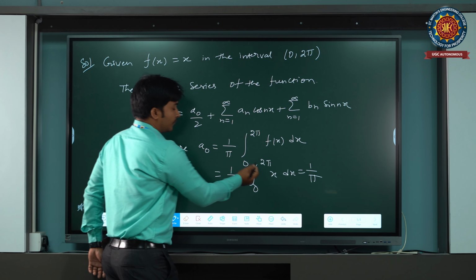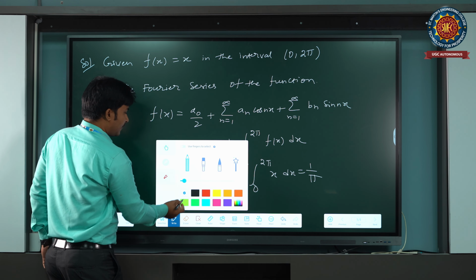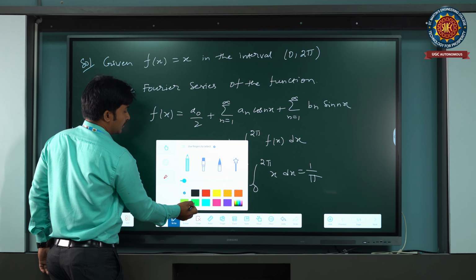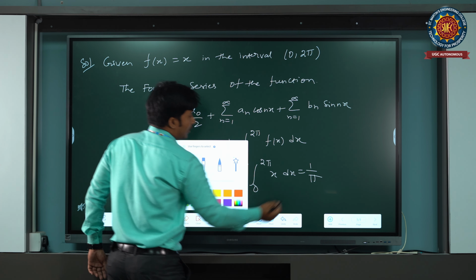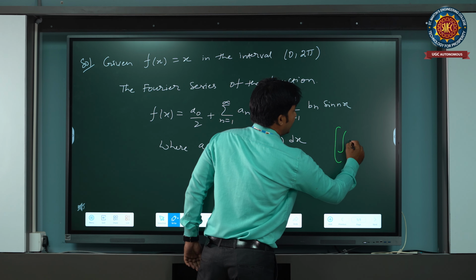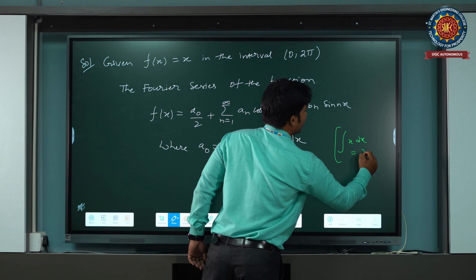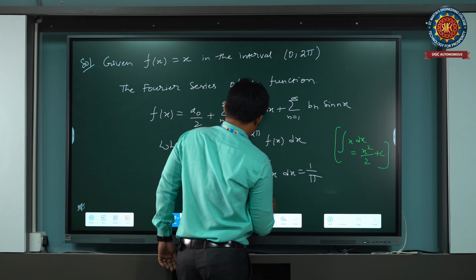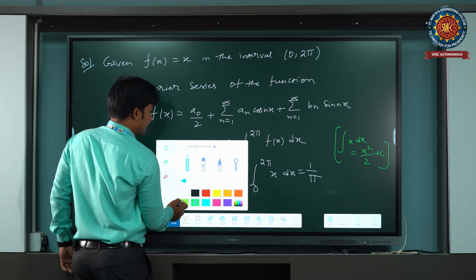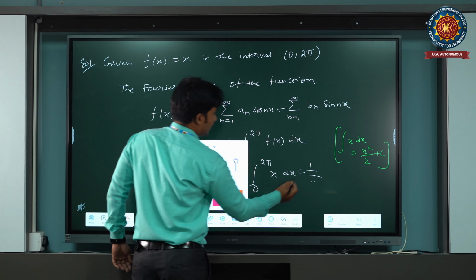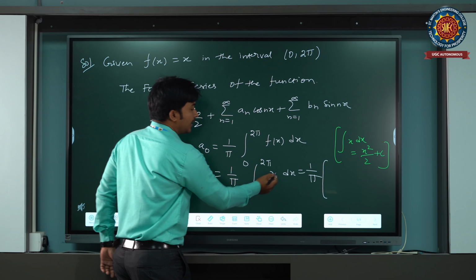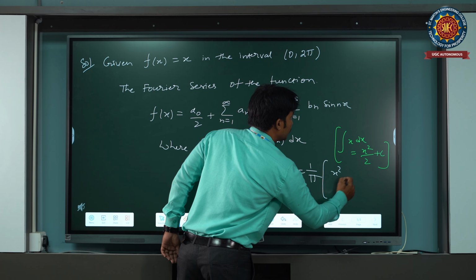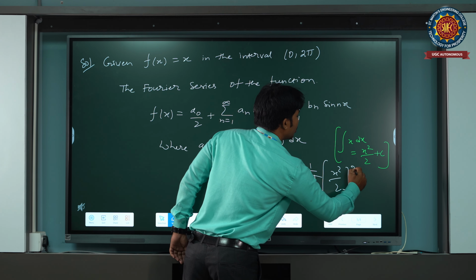The integration of x dx, the formula is x square by 2 plus c. Here integral x dx equal to x square by 2, limits 0 to 2 pi.